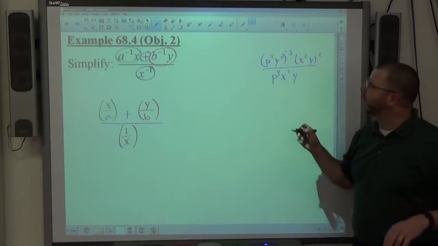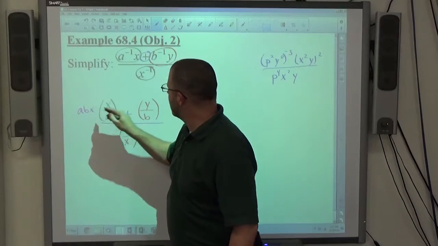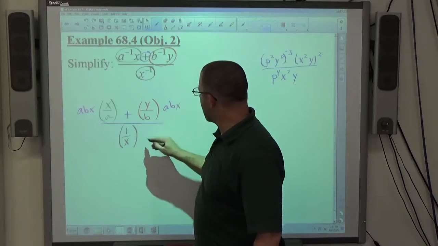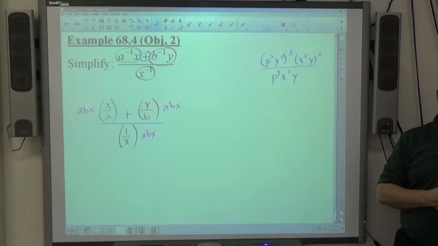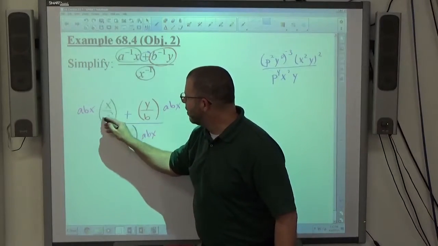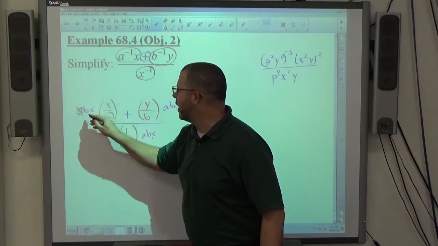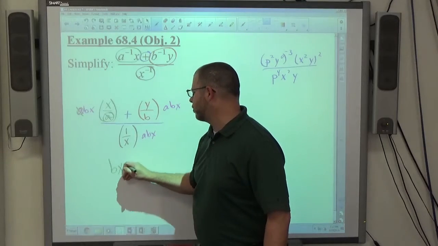All right? They're all different, so you just multiply them together. So times abx, times abx, and times abx. The abx represents a numerator object being multiplied by each fraction. So for the green multiplication here, this a on bottom, this a on top cancel. What's left is bxx, which is also known as bx squared.